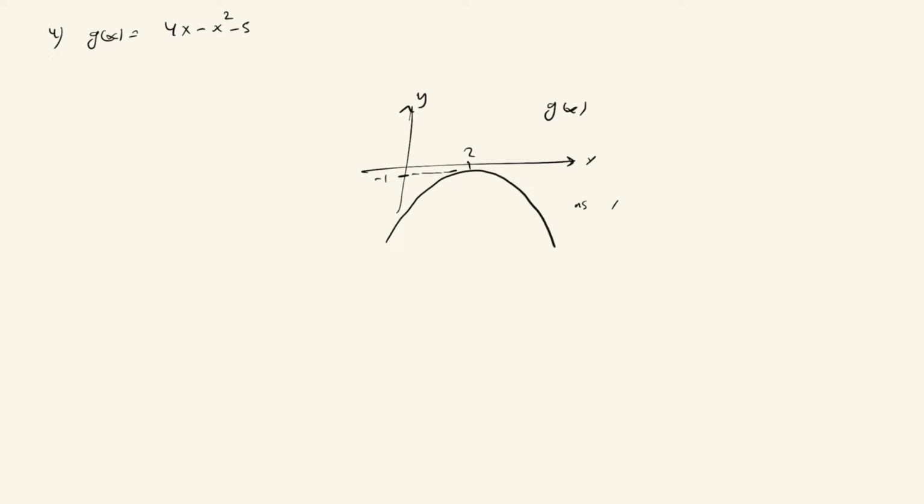And then on the right, as x goes to infinity, the function g of x is going to minus infinity. And then on the left, as x goes to minus infinity, the function g of x is also going to minus infinity.